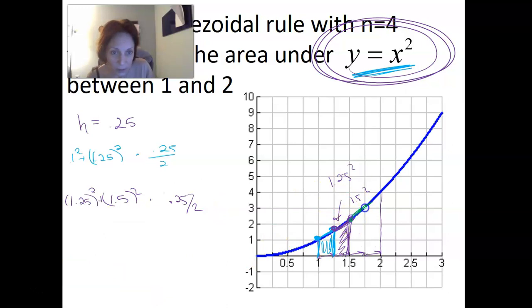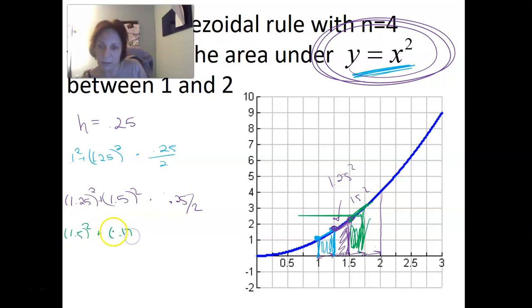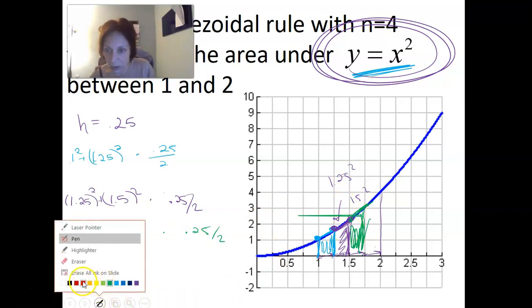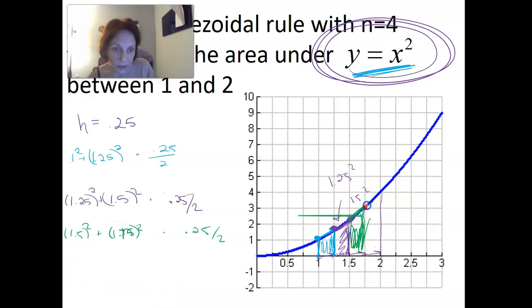Third one is going to go from 1.5 to 1.75. So again, my first base is 1.5 squared. My second base is going to be 1.75 squared. And then I need to multiply that by the height over 2. So in this case, I am using, for sure, the one at a time method.